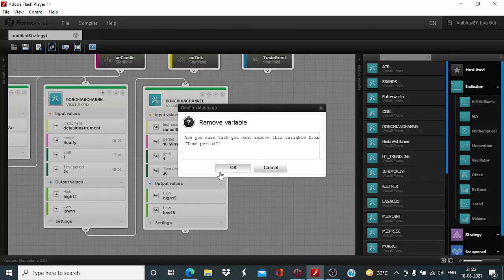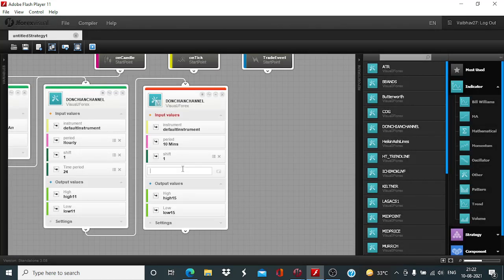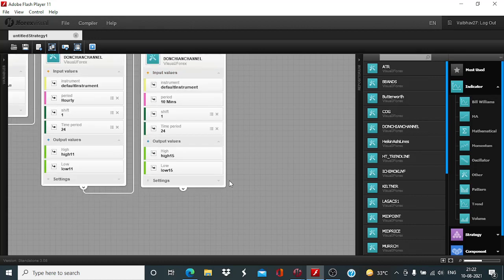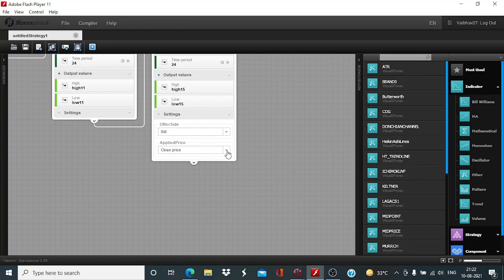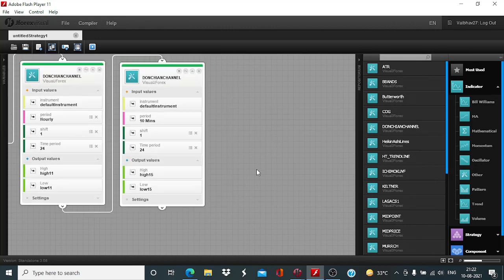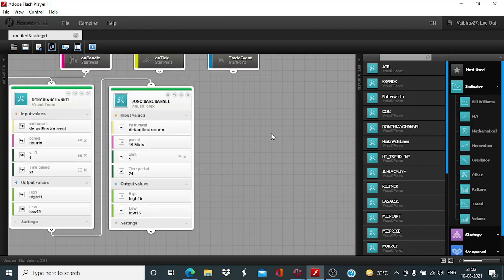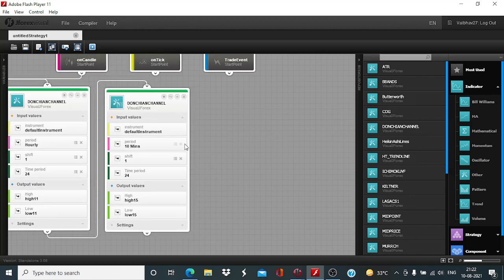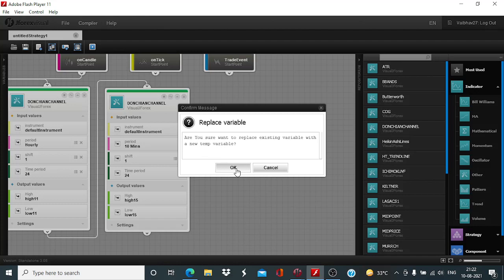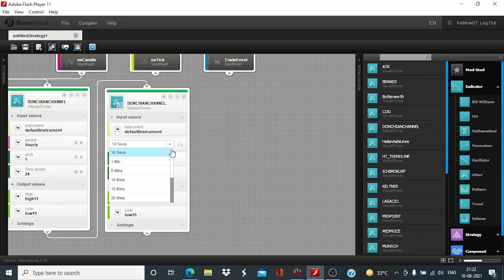This will be changed to 24, and this low value hourly.